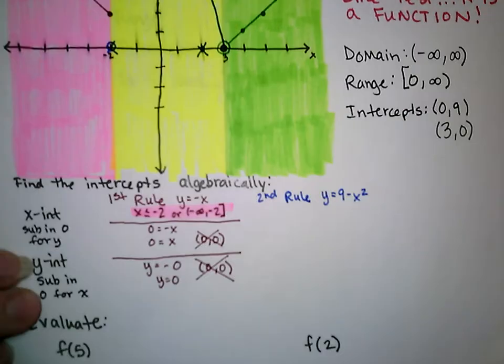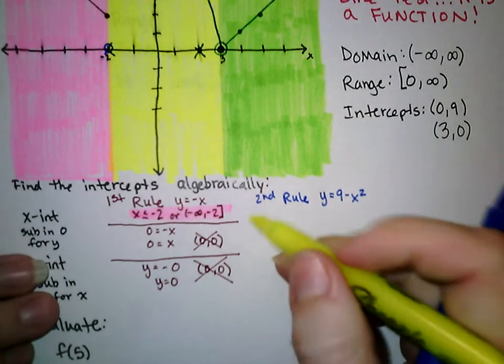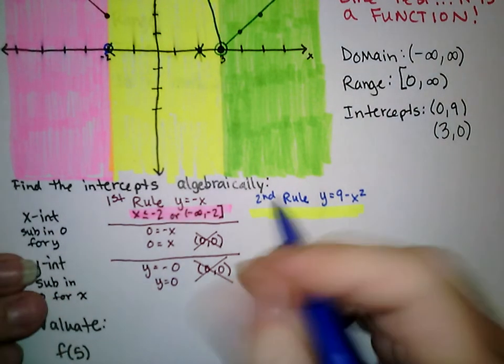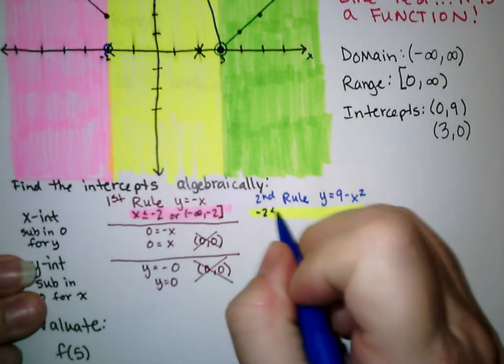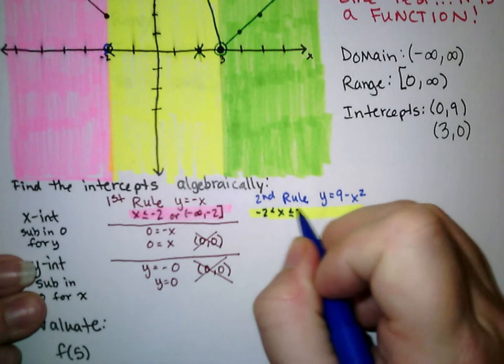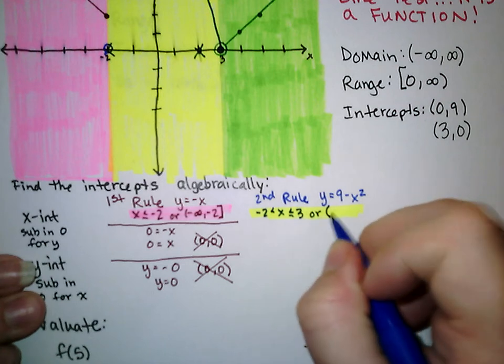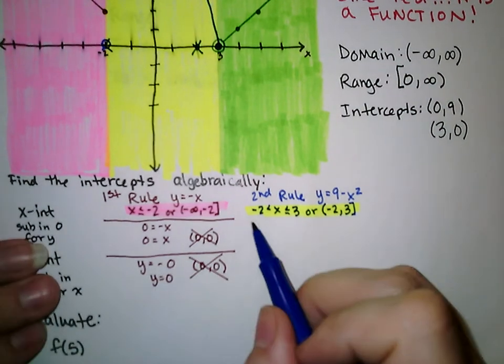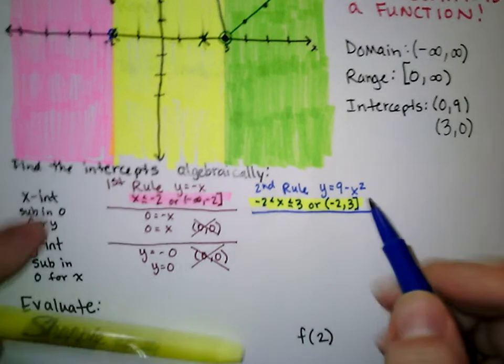And that was our yellow zone, which was for -2 less than x less than or equal to 3, which was -2 to 3 as an interval.